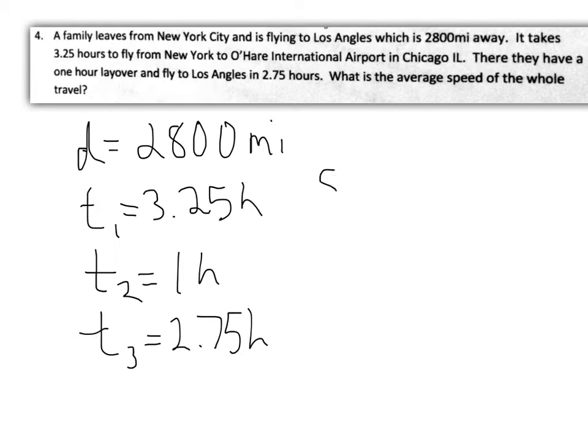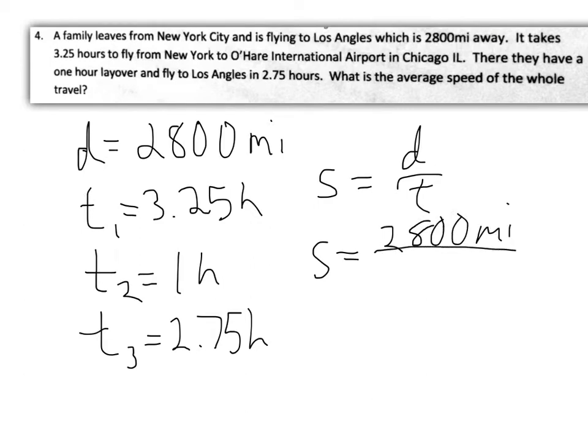Well, the average speed is going to be the total distance divided by the total time. Now, of course, our distance, we already know, is 2,800 miles. And our total time is going to, of course, be T1 plus T2 plus T3.